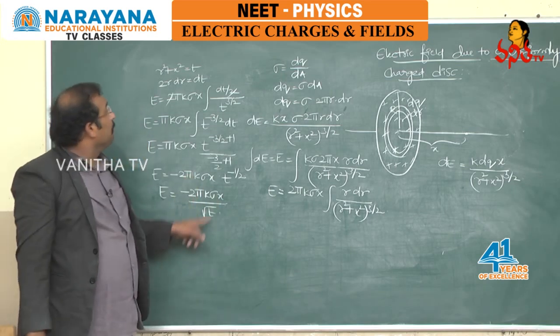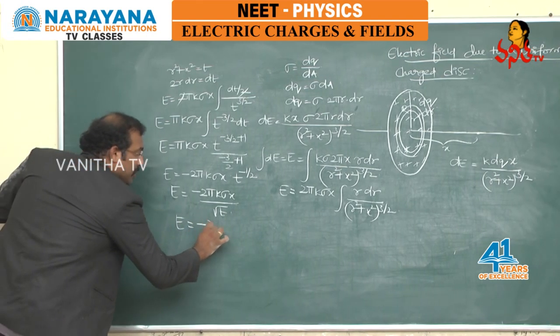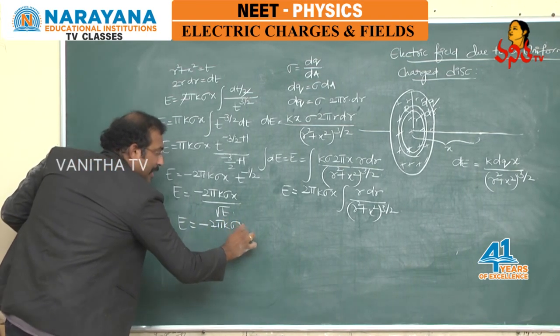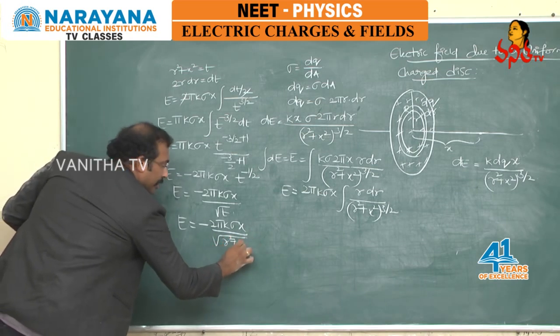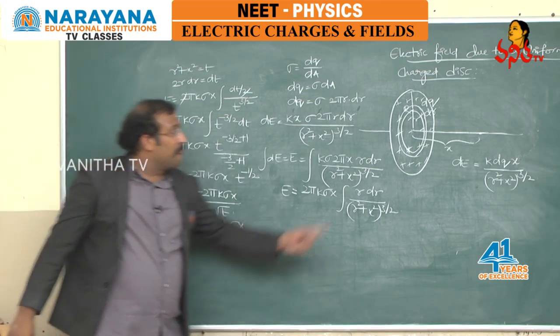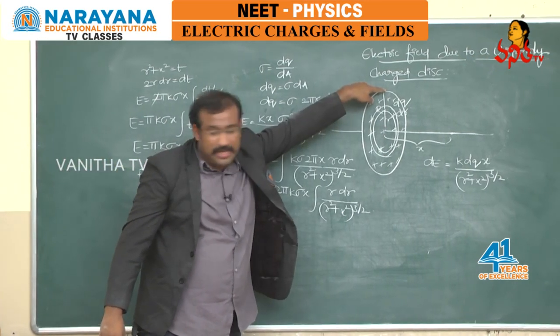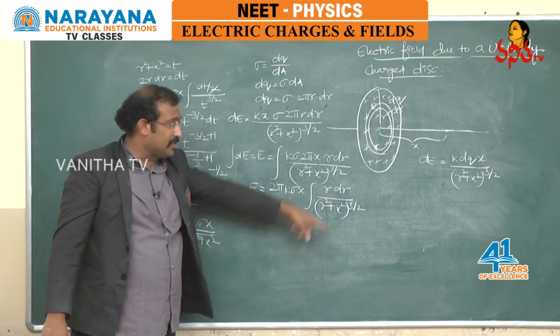Now I substitute the t value: E is equal to minus 2 pi k sigma x by root of r square plus x square. Now this r varies from 0 to capital R, which gives the entire charged disk.